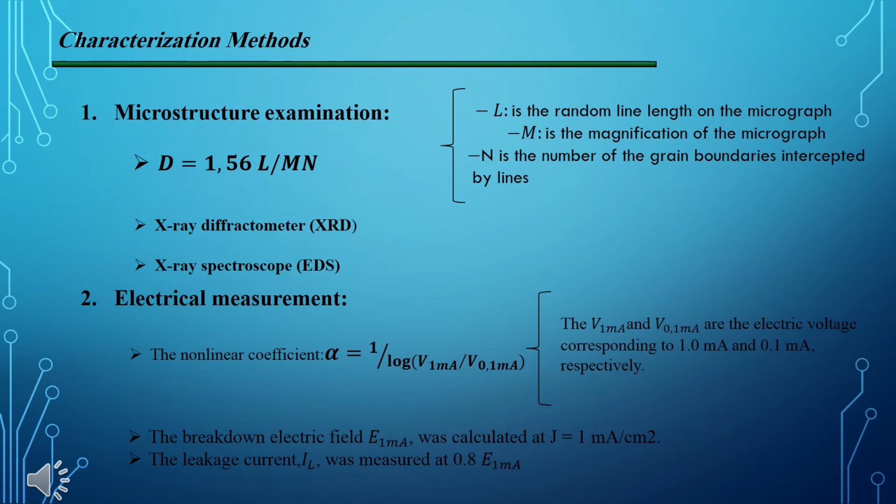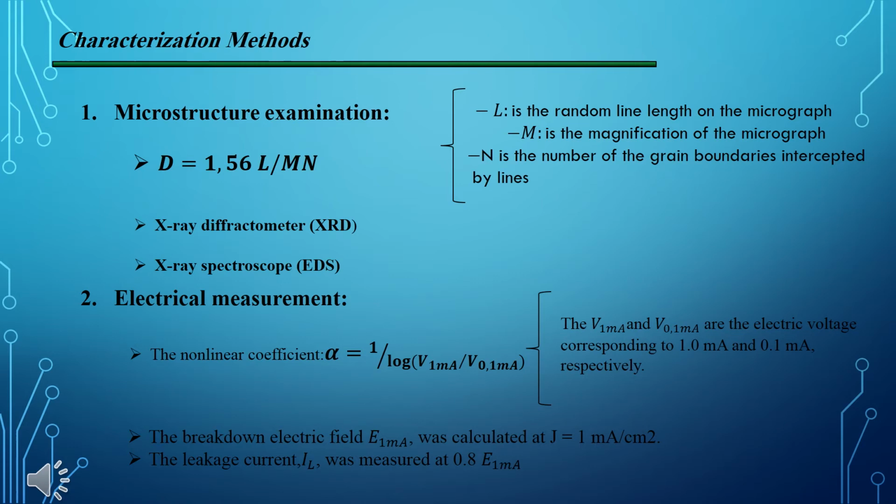The composition analysis of the selected area was determined by an attached energy dispersive X-ray spectroscopy, EDS, system. The phase composition and the crystallinity of the sintered ceramic were determined using an X-ray diffractometer, XRD.